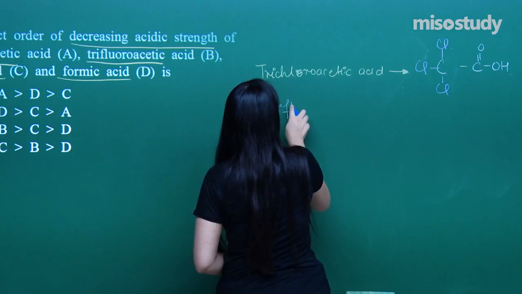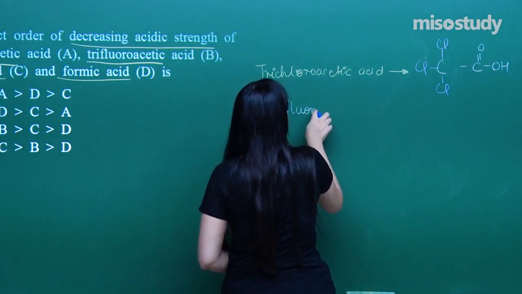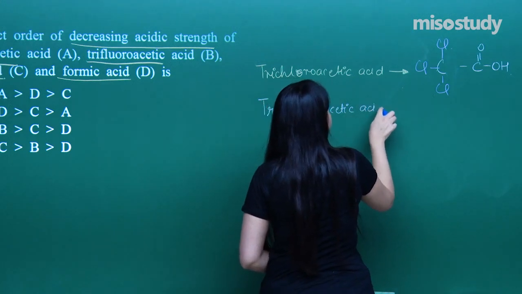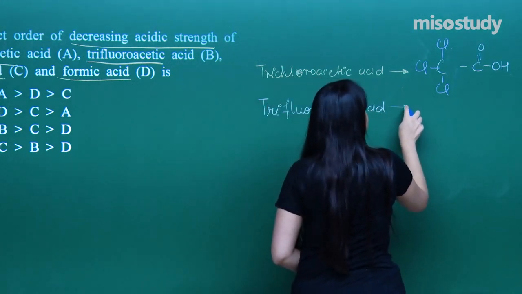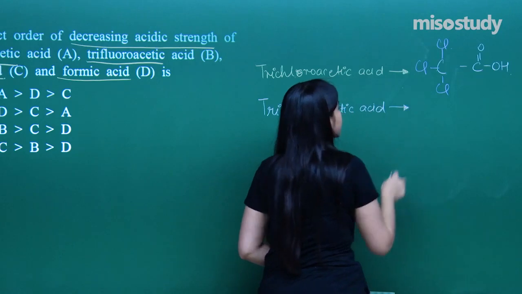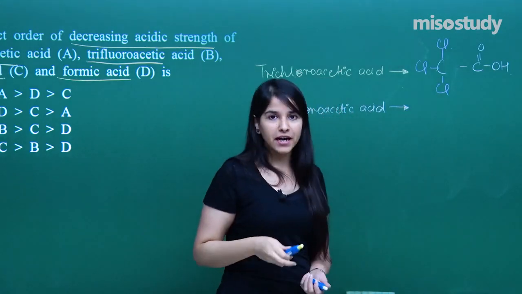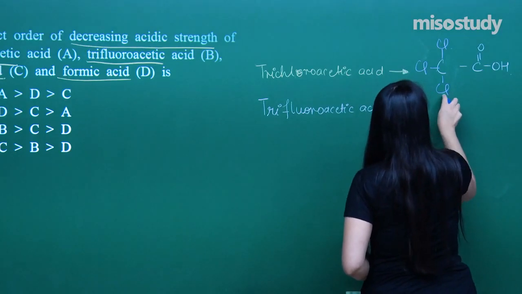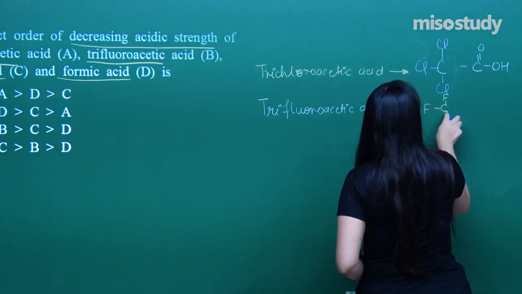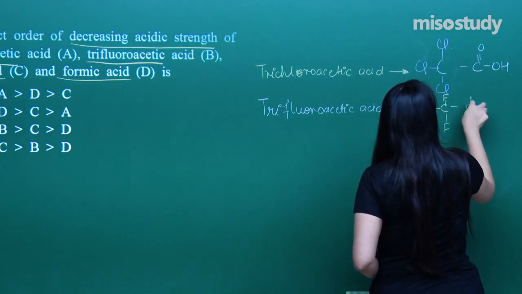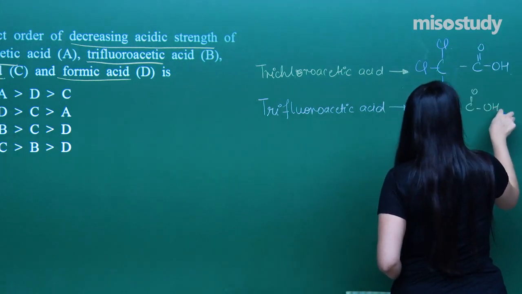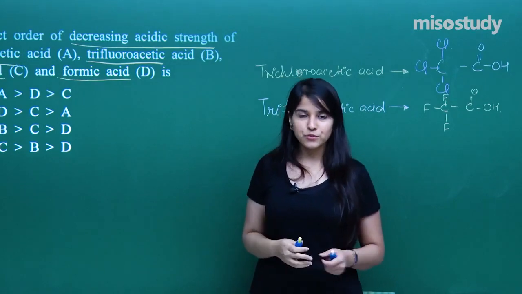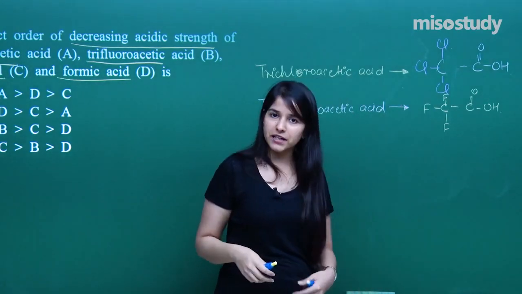Trifluoroacetic acid. Again, the similar kind of a structure, but here I would be replacing the hydrogens with 3 fluorines. So the structure would be like this, 3F. So while drawing the structures, you may have got to know that what actually we are looking on to. We are looking on to the attached groups over here.